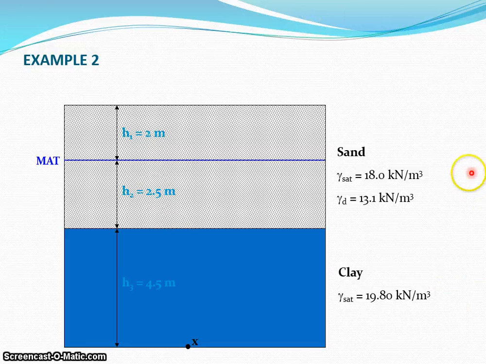The first one is sand, and its saturated unit weight under the groundwater table is gamma saturated, 18, and in the upper region the gamma dry is 13.1. Clay also lies below the groundwater table, so its gamma saturated is 19.8. How do we calculate the stress at X?